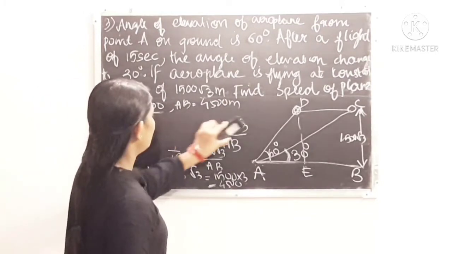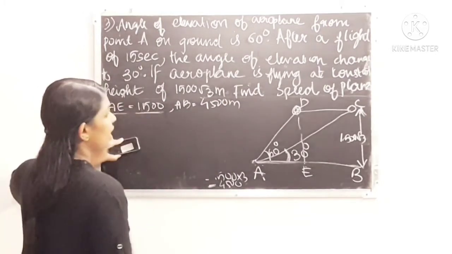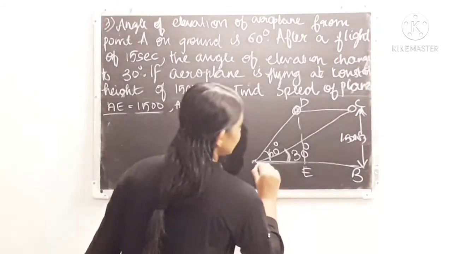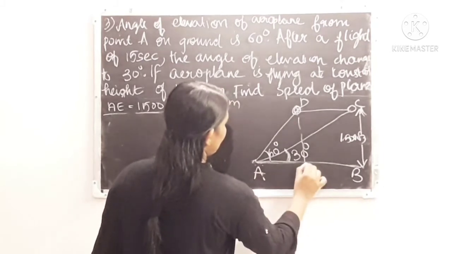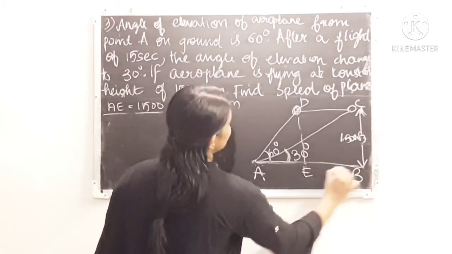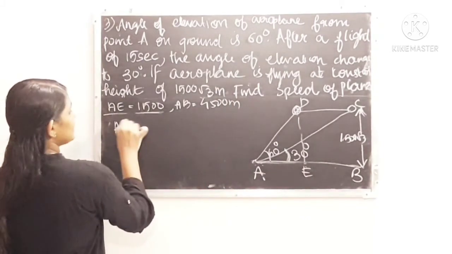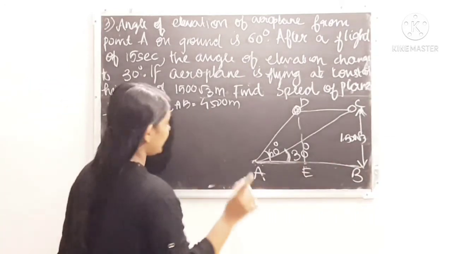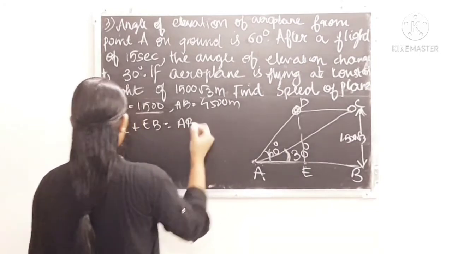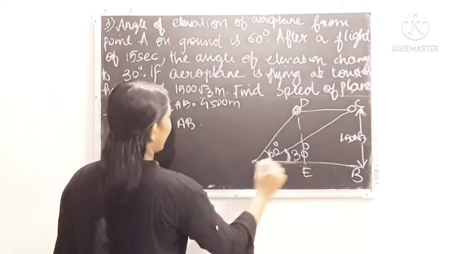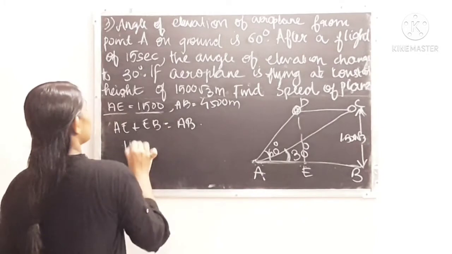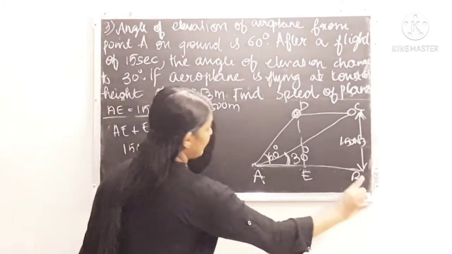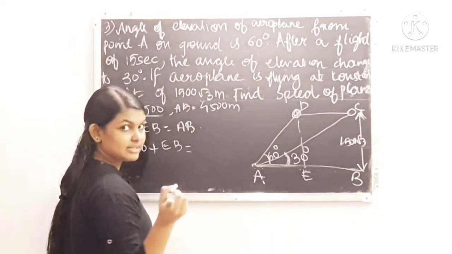Now our aim is to get the value of the length of DC. So we can say that AE plus EB will be equal to the total length, that is AB. Now what is the value of AE? AE is equal to 1500. So 1500 plus EB will be equal to AB, and the value of AB is equal to 4500.